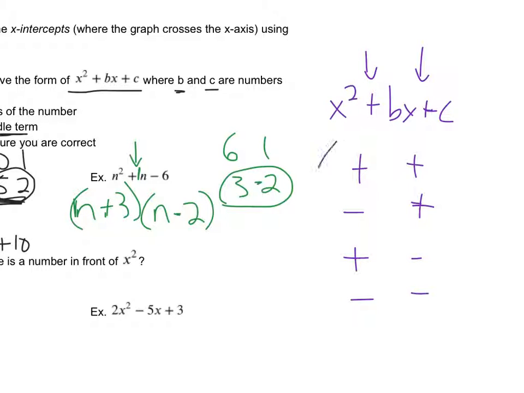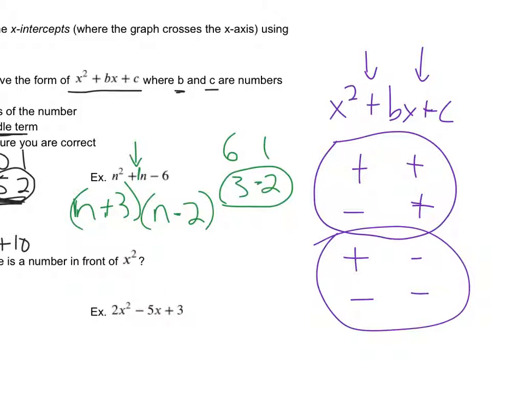These two kind of go together, and these two kind of go together. This situation, like if I have x squared plus 6x plus 5 or something like that.